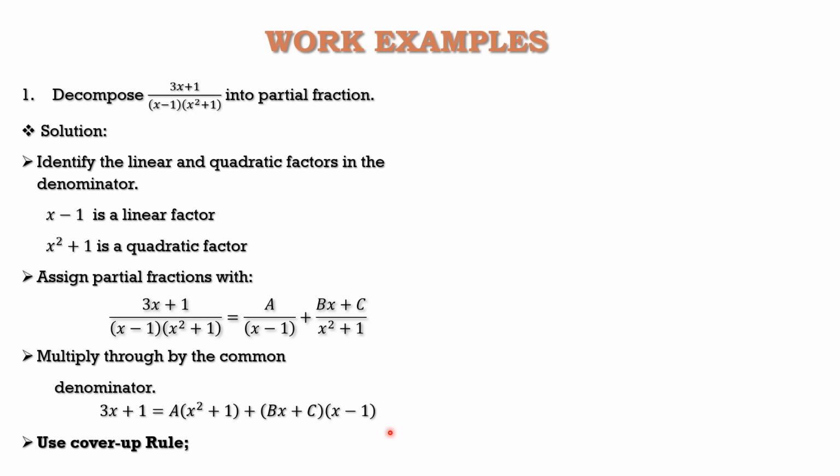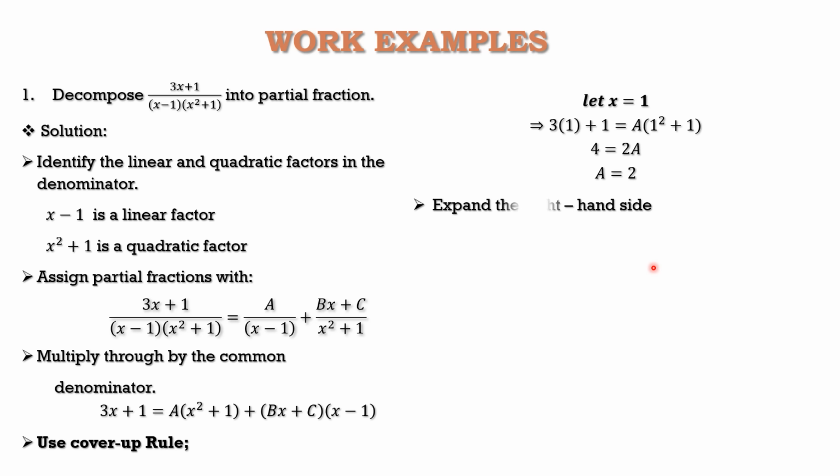So what is the next step? Use the cover up rule to cover up some constants to get the other. Let x equal to 1 to cover up b and c to get a. So we get 4 equal to 2a, and a equal to 2.